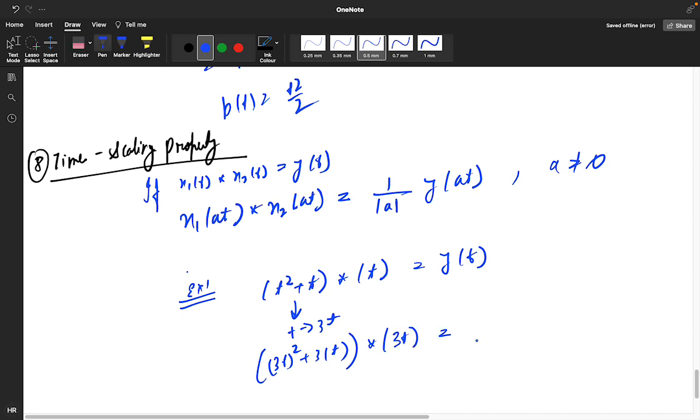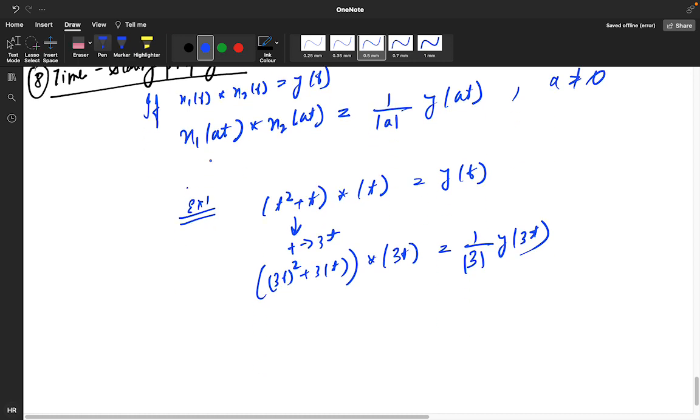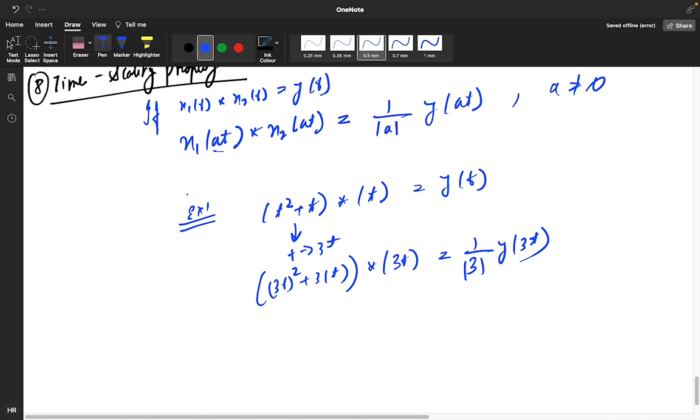So the result will be 1 by 3 mod 3, y of 3t. That's it. If the time scalings are different, then solve by convolution. Here the time scalings are the same, so we are applying it directly.